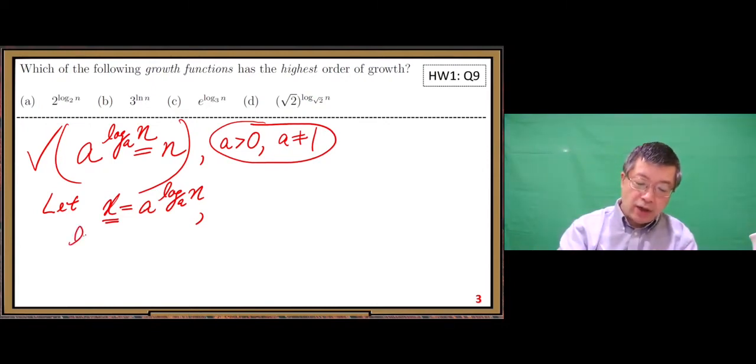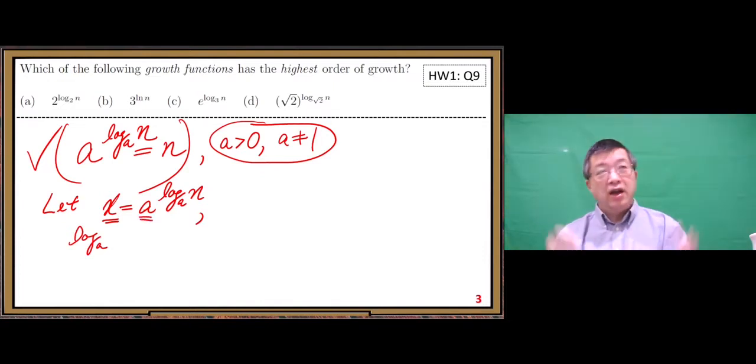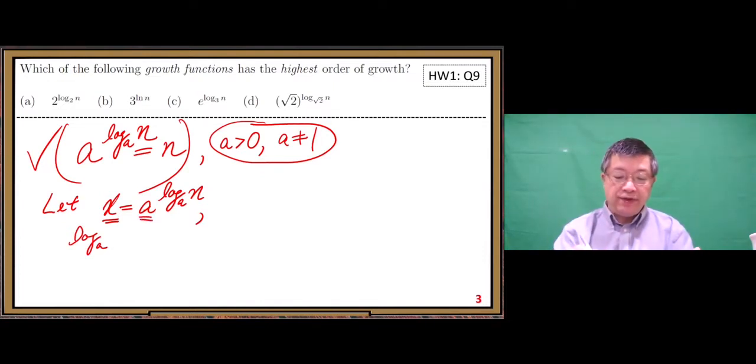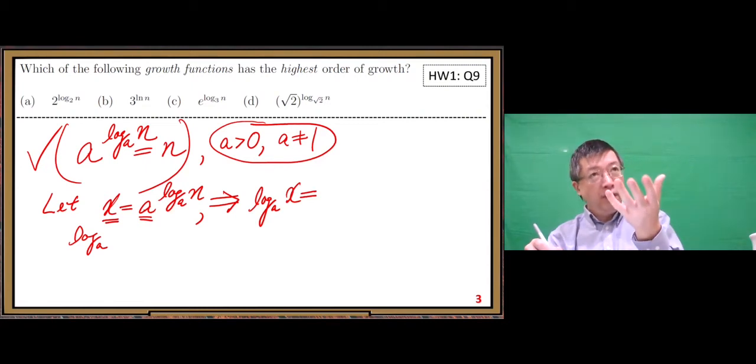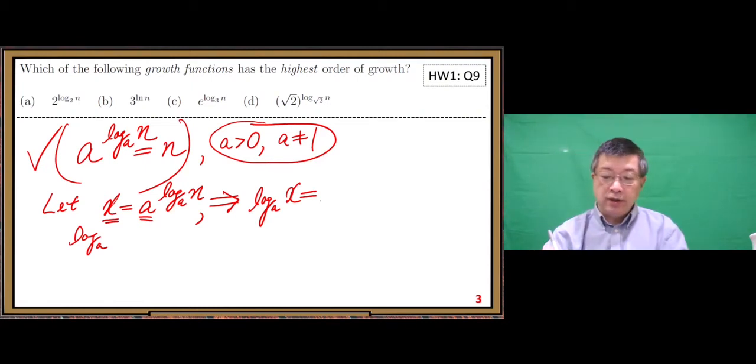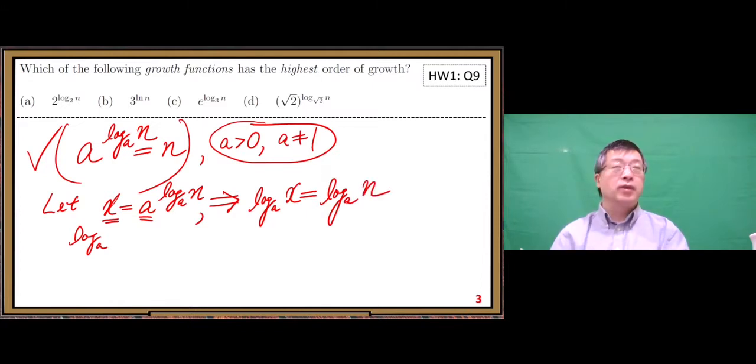Log what? Log base a. Because this is a, log base a, this part is gone. So we get log base a of x equals only the exponent part, log base a of n.